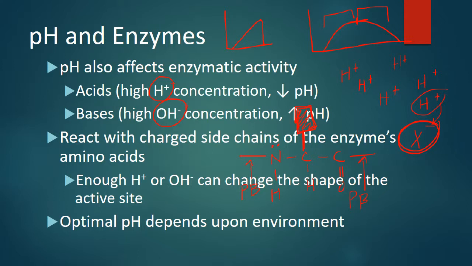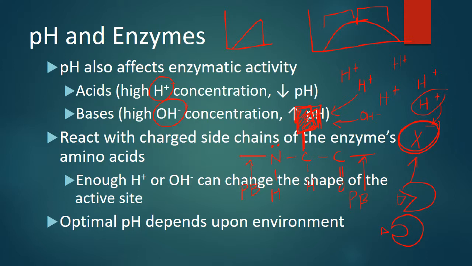Let's finish out our Lewis dot structure here with those free electrons. So if it's a charged side chain, or even one that happens to be attracted to H plus or OH minus, then we will have some interactions that might have negative consequences on the shape of the enzyme. So they change the active site. So imagine, you remember my previous drawing with Pac-Man having now a silly round mouth and can't fit that substrate anymore?